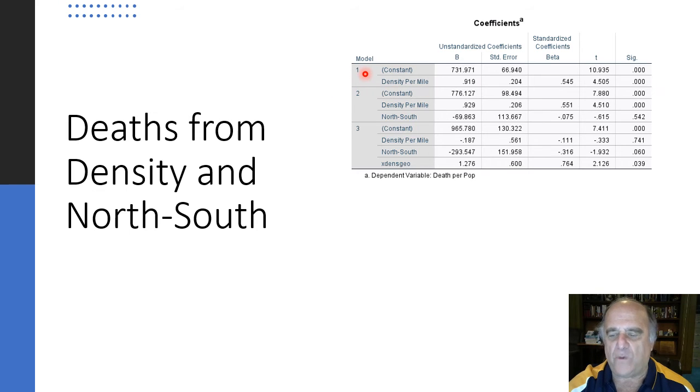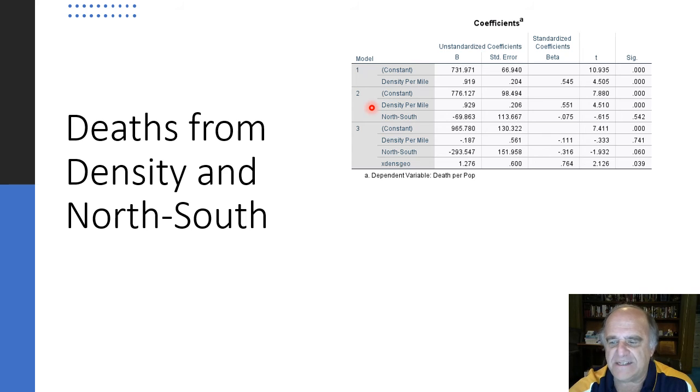With model 1, we were only putting in density per mile. Here's our B, here's our beta, here's our T. We can see density per mile reaches statistical significance. Our p-value is below what we probably set as a normal alpha level.